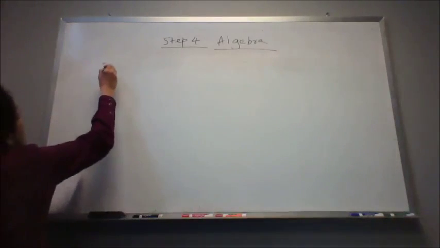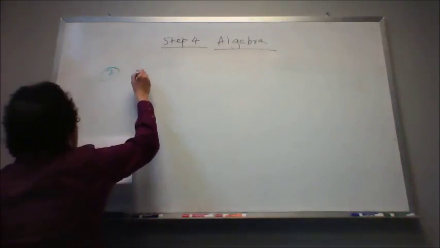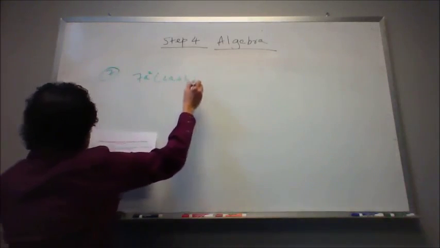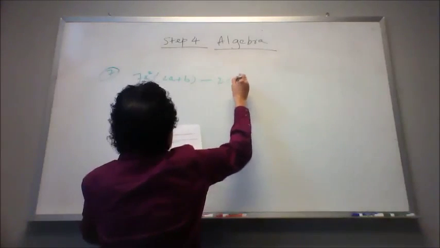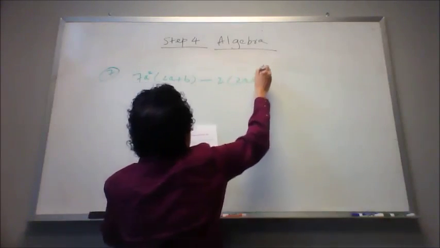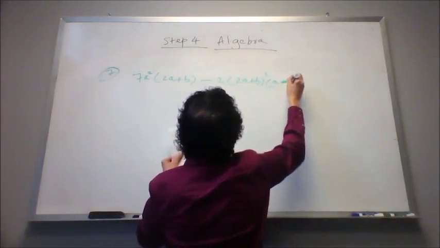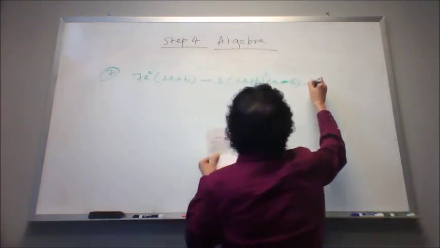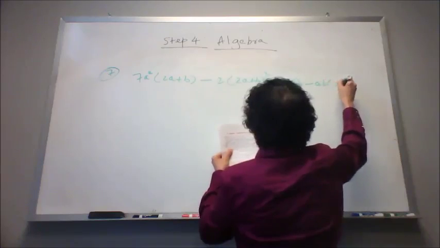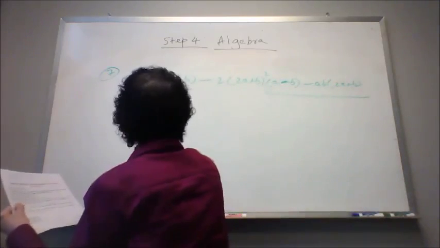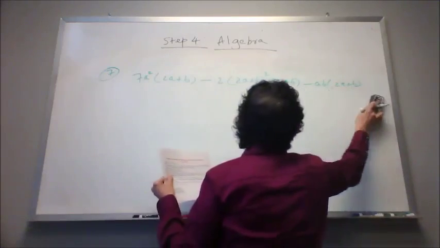So problem number 7: 7a squared times (2a plus b), minus (2a plus b) squared times (a minus b), and then minus ab times (2a plus b). The whole thing, as we said before, I'm going to split.